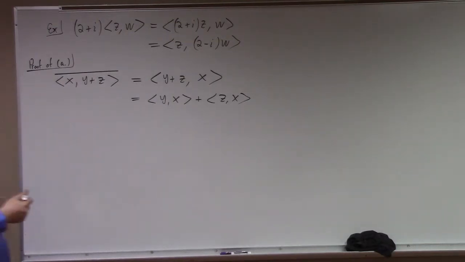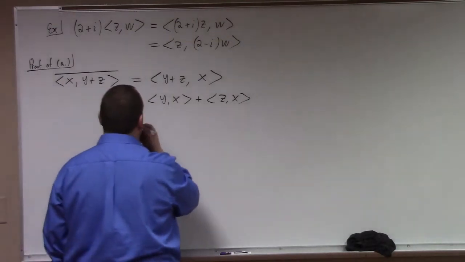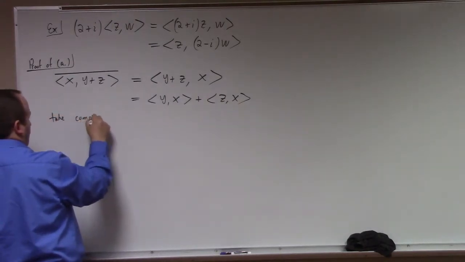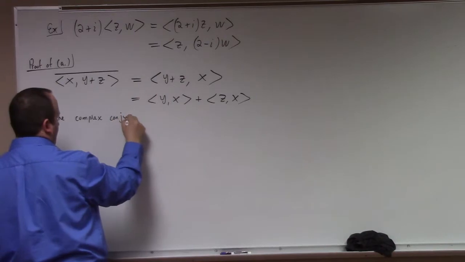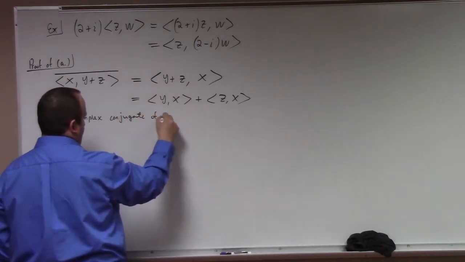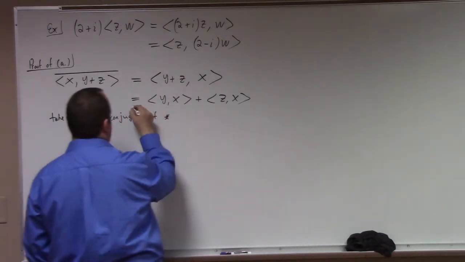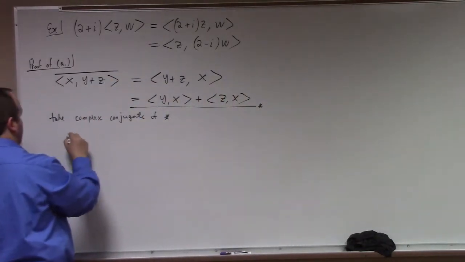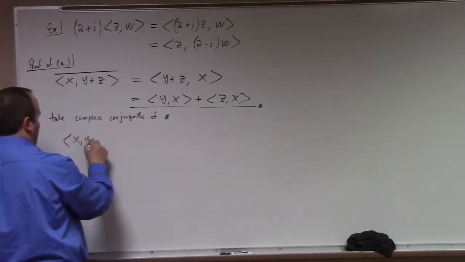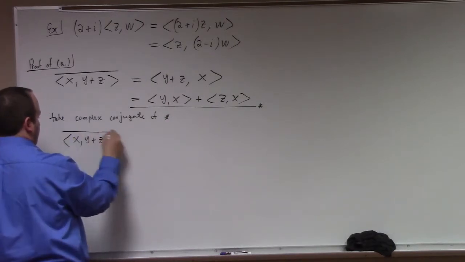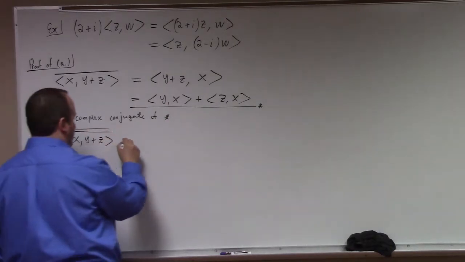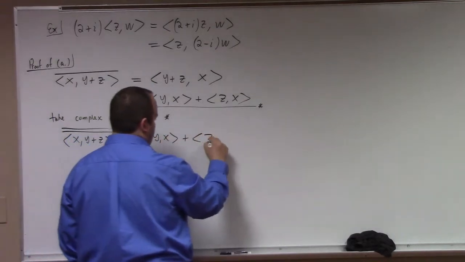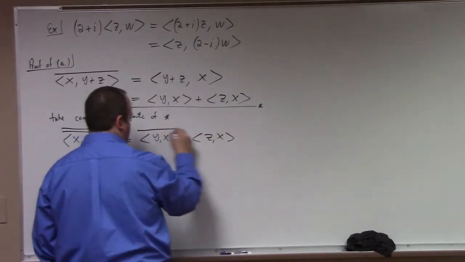Right, and then take the complex conjugate of star. Let's call this star. So we get the conjugate of x comma y plus z is equal to the conjugate of yx plus zx.